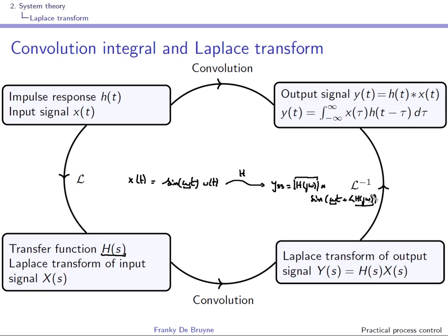So there is a phase shift, and this phase shift is the argument of h of s when s is replaced by j omega, and this leads to the concept of a Bode diagram that we'll review later.